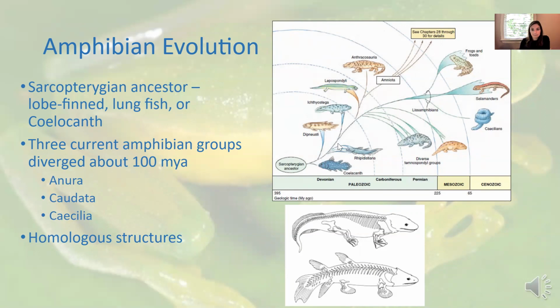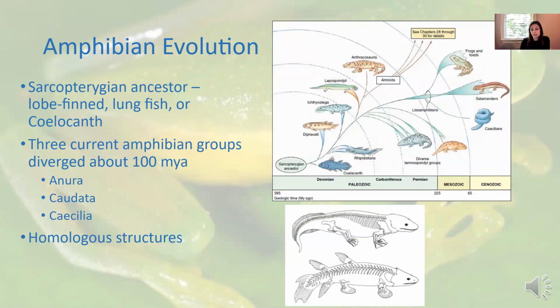They gave rise, as you see here, about 100 million years ago, to the 3 current amphibian groups, Anura, Caudata, and Gymnophiona. And you can see homologous structures when you look at those Sarcopterygian ancestors, the lobe-finned fish. Their fins started to include bones that resemble the limbs of current amphibians.